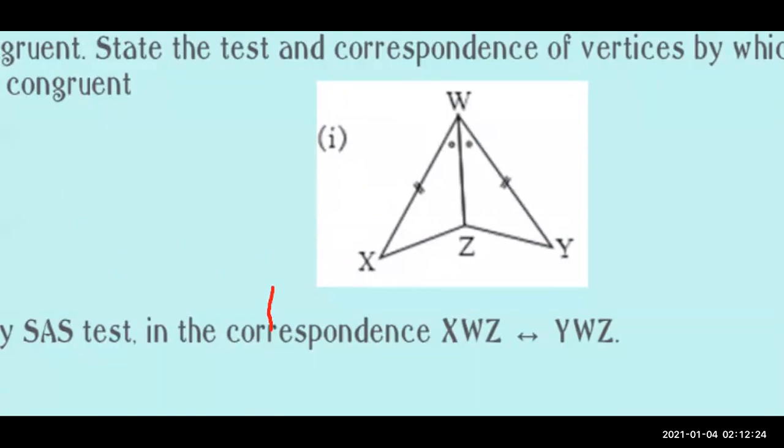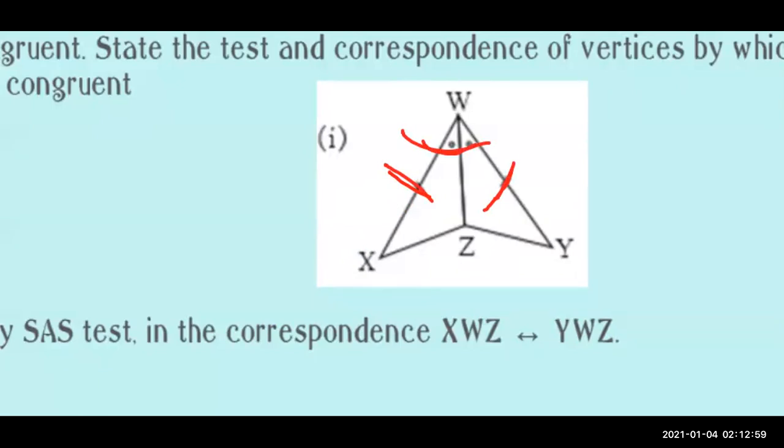So here, in the first one, this is side, this is angle, and this is side. In this figure also, side, angle, side. So which type of test is it? It is the side angle side test, and now the correspondence.